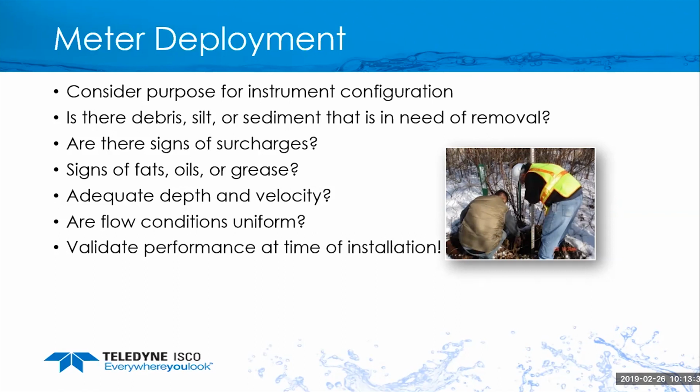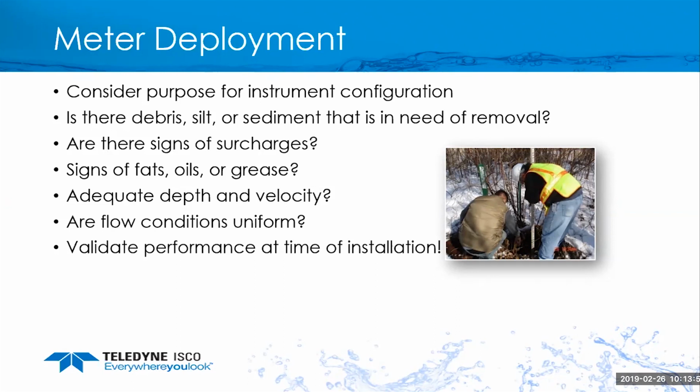Look for signs of fat, oils, and grease on the side walls or ladder, and determine if you have adequate depth for velocity. So the type of technology you're going to use in there may determine on what your minimum water depth and velocity is through that channel. And are the flow conditions uniform? And so you're going to look at all these to set your expectations as to the type of data you expect to get from the site.